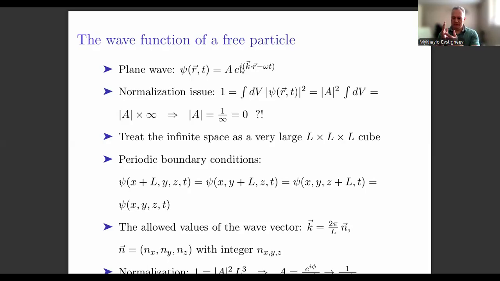So every time the wave function reaches the boundary, it periodically repeats itself on the opposite side of the cube, so that this would mimic the unconstrained motion of the electron. So, for example, the electron is described by a plane wave moving in the horizontal direction. Here is the boundary of the cube, and when the electron reaches that boundary, the wave function repeats itself on the opposite end.